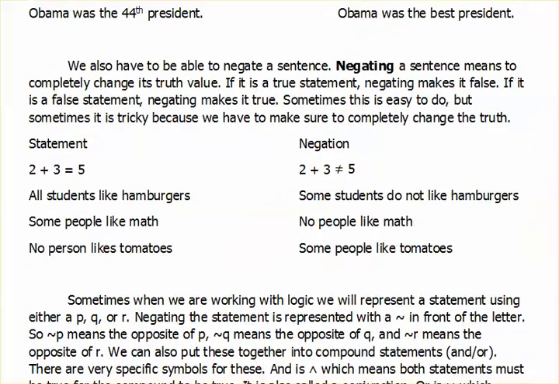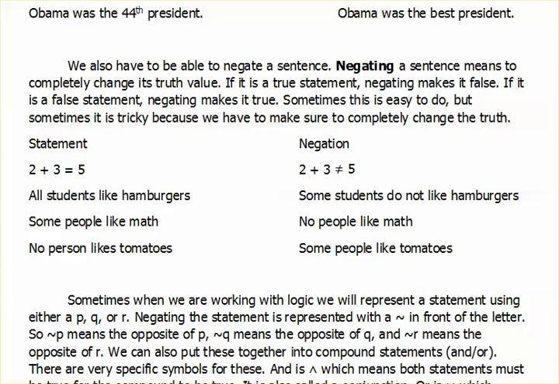Now, we also have to be able to do what's called negate a sentence or a statement. Now, negating is exactly what you think it is. It's the negative. It is the opposite or not. So negating a sentence means to completely change its truth value.